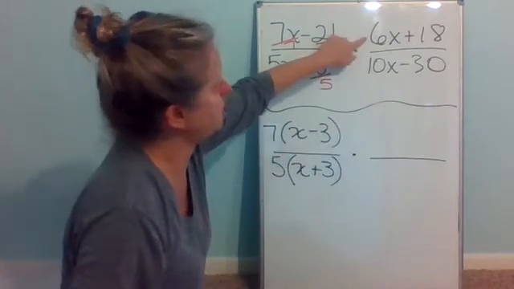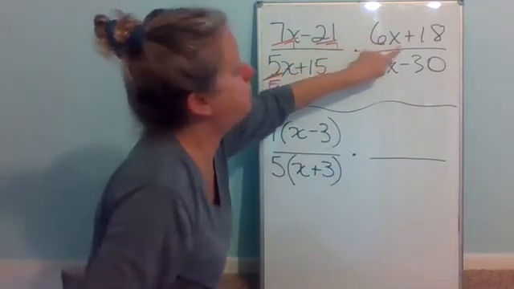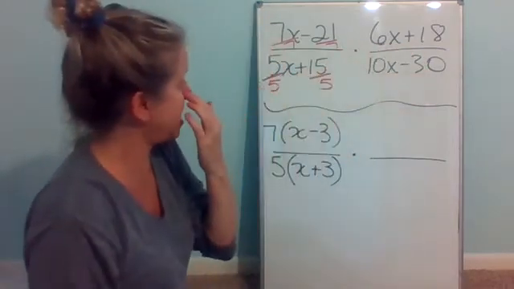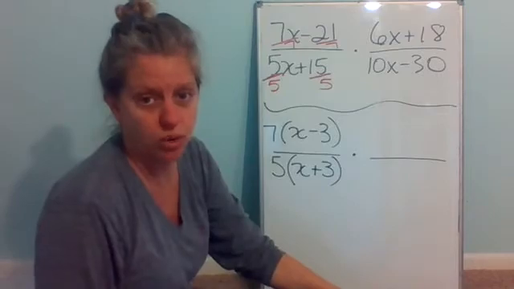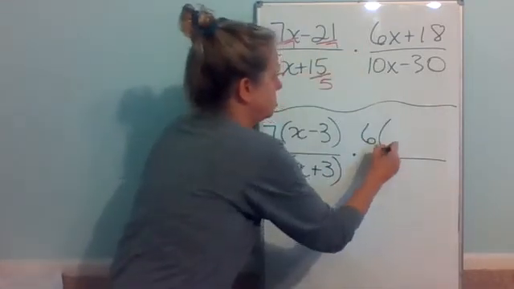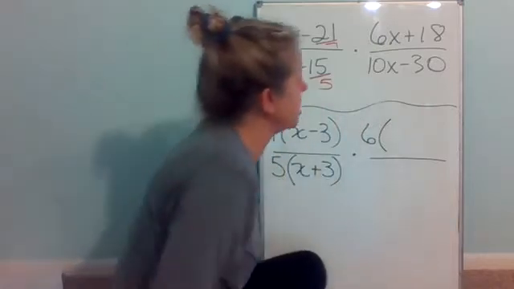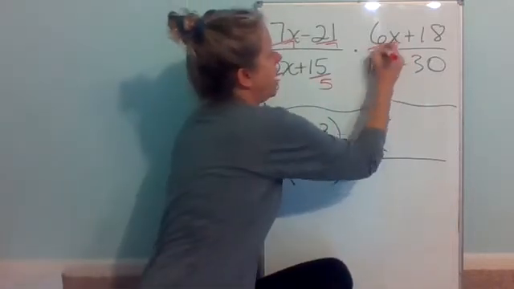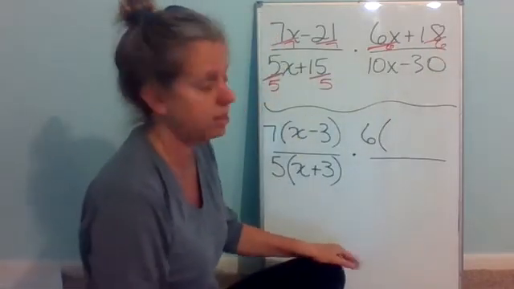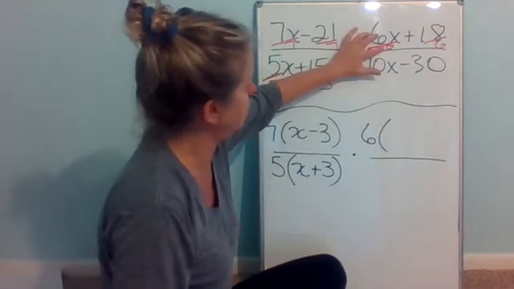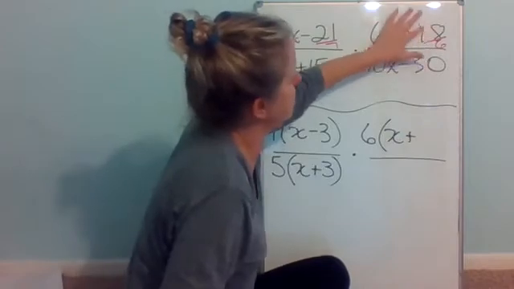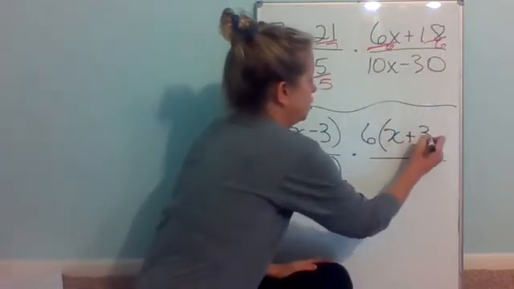Now, second fraction in the top. What's the biggest number that goes into 6 and 18? 6 will, right? You want to always pull out the biggest. So 6 will go into both of those. Put in parentheses what is left. So if I divide these both by that 6 that I just pulled out, the 6's will cancel here. I'll just have that x plus 18 over 6 gives me 3.